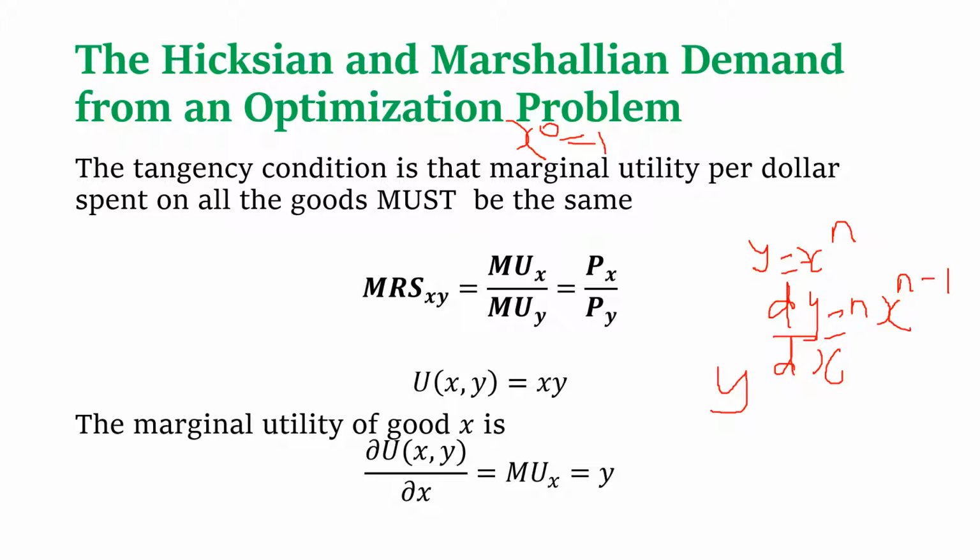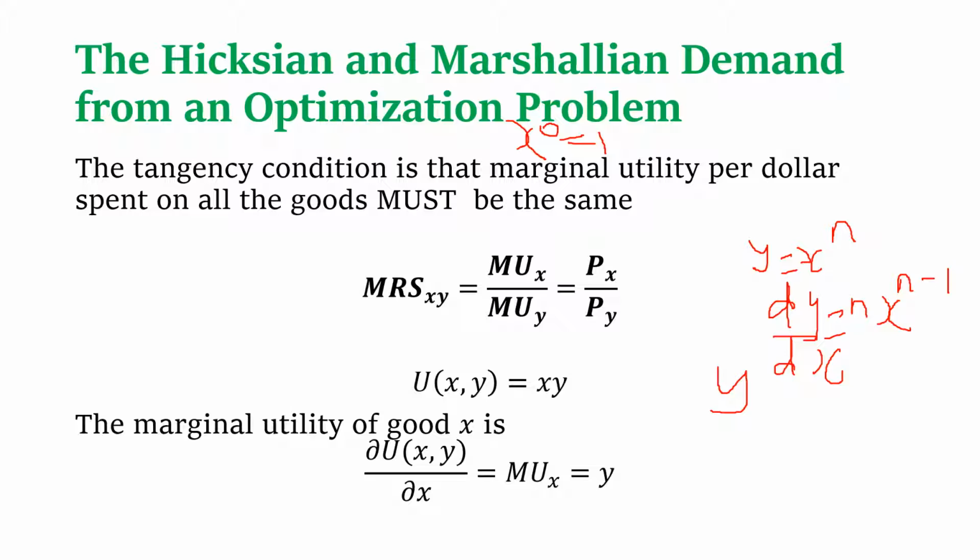When you differentiate this one, you hold y constant, y comes down again, and the exponent of x is 1, and that exponent minus 1 is just 0, and anything raised to the power 0 is 1. That is basically the reason why you don't see the x here. And again, if we differentiate this with respect to y, we're not going to see the y anymore. We're going to see the x.